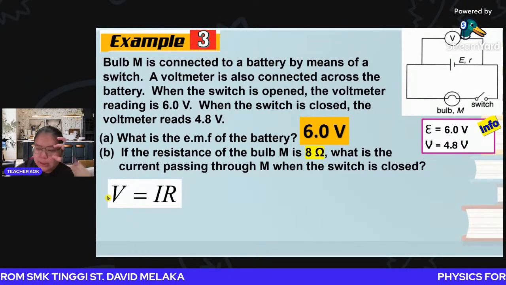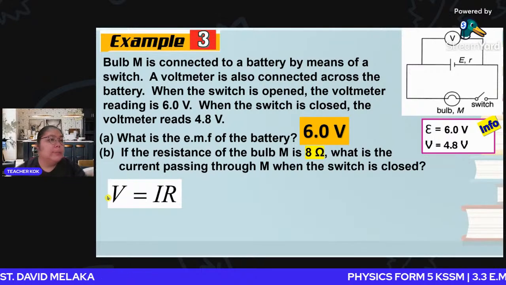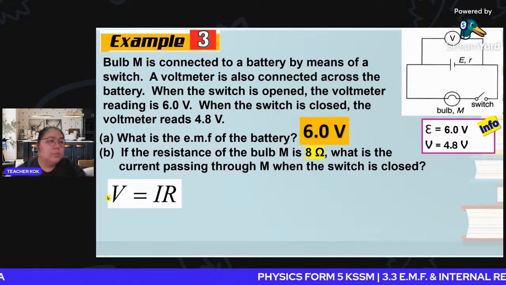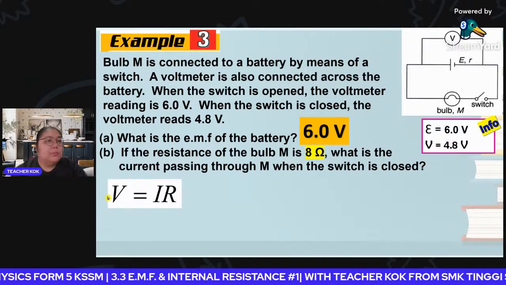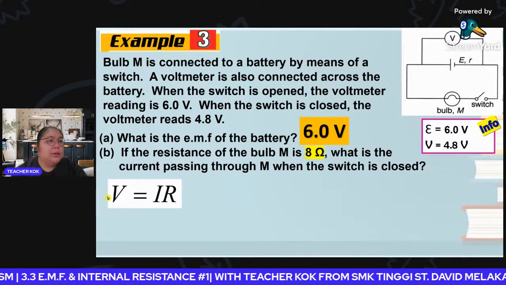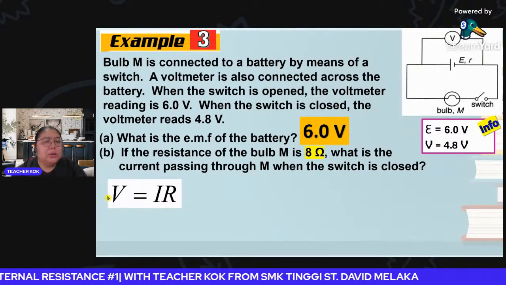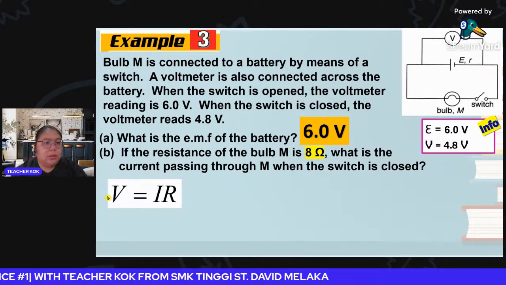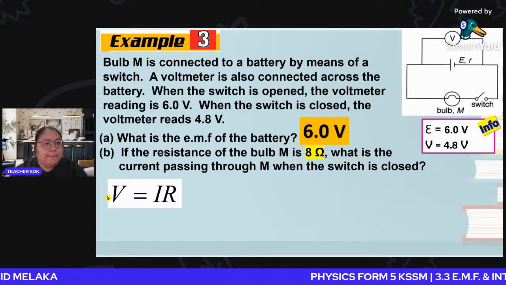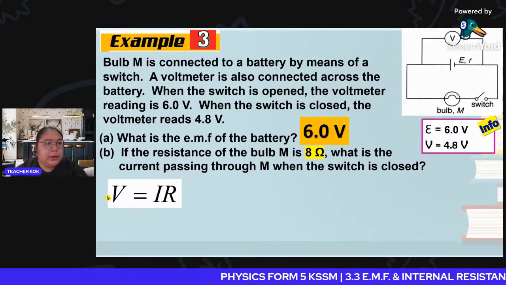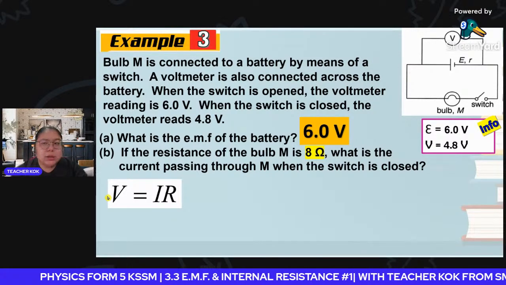Okay, we're going to wait for the answer from the student here. Okay, got anybody to answer it? What is the current? Okay, student can count it. Press your calculator, simple only to get the answer.